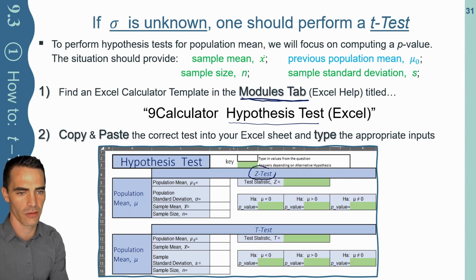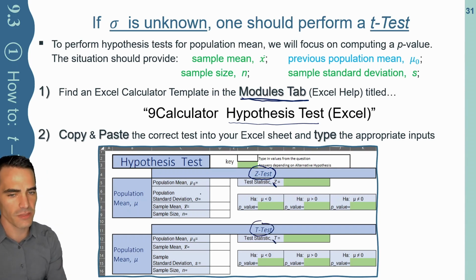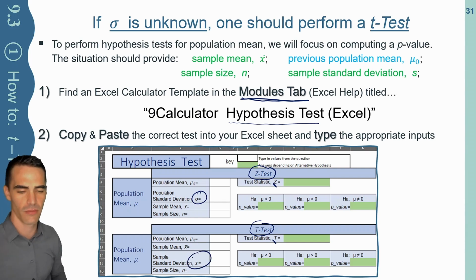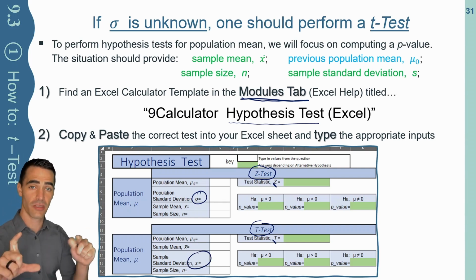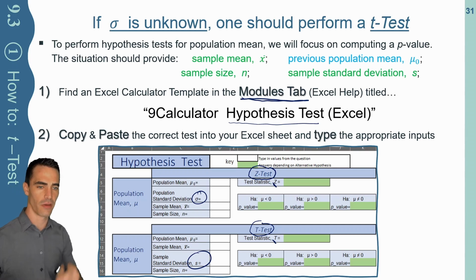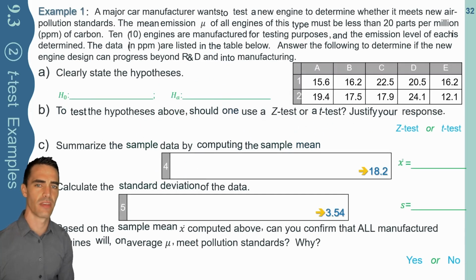We talked about that one earlier, where I generate a z statistic, and we have a t-test, where I gather another test statistic, but a t. And notice the inputs are very similar. In fact, the only thing that's different between them is one takes population standard deviation, and one is sample standard deviation. So it should be a nice little hint as to which test to use, which ingredients do you have. Let's see some examples.